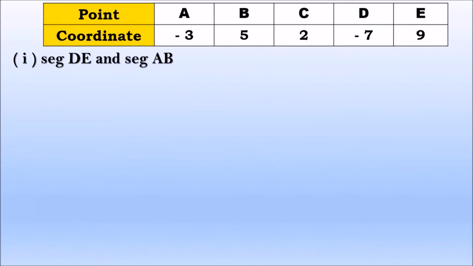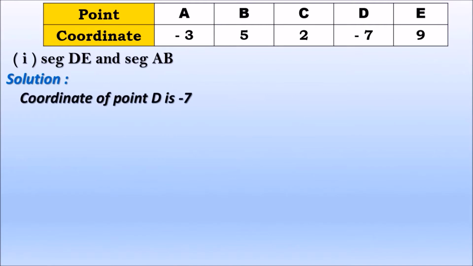So to check whether they are congruent or not, we will find the length of segment DE and the length of segment AB. If the lengths of both the segments are equal, then they are congruent, otherwise they are not congruent. So first we will find the length of segment DE. Here the coordinate of point D is minus 7.